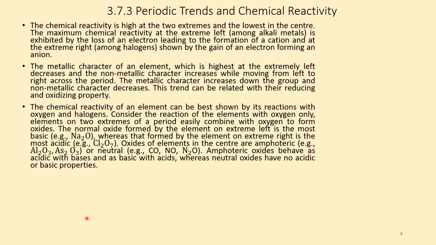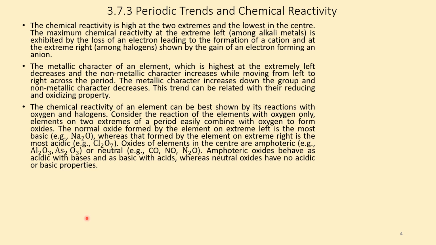Please remember, the normal oxide formed by the element on the extreme left is most basic, that is Na2O, whereas that formed by the element on the extreme right is the most acidic, for example Cl2O7.